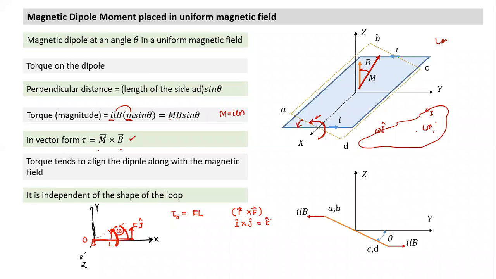All particles will move in this kind of circular path. If I curl my fingers along the path of any particle on the rod, which direction will my right hand thumb point? Towards positive z direction. So that's the direction of omega.